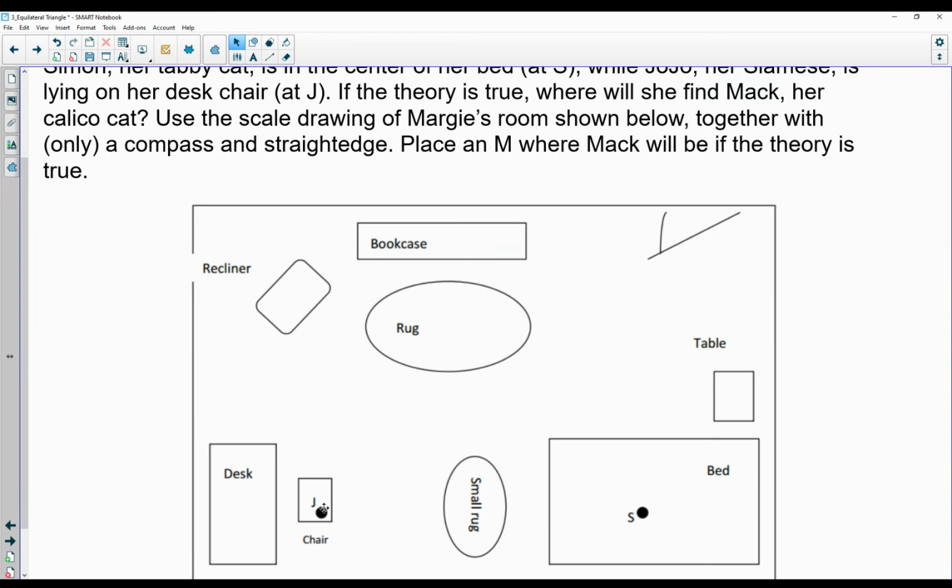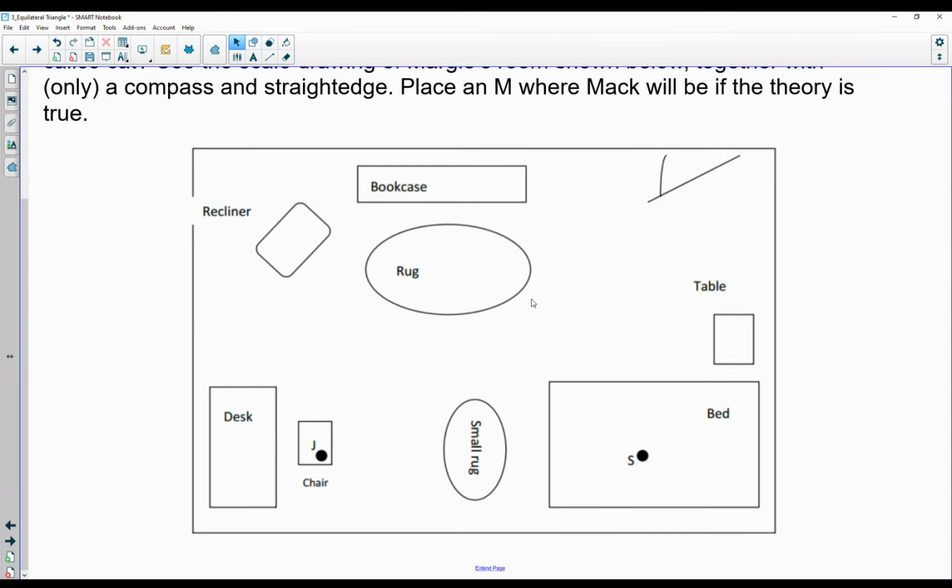She wants to figure out, by placing an M, where Mac, her third cat, could be if this theory is true. So it goes back to the baseball: where would that third person be to have everyone equal distances apart? We want to know where the third cat is going to be so that it's equidistant from the other 2 cats in the room. So in order to do that, we actually have to form an equilateral triangle.